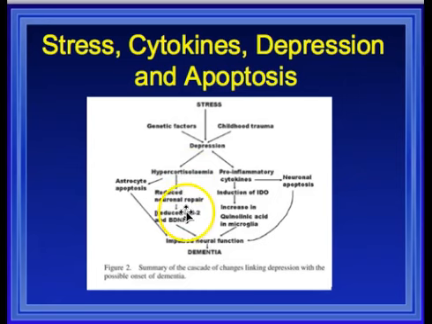Hypercortisolemia leads to reduced neuronal repair via reduced brain-derived neurotrophic factor, and you can get shrinking of the hippocampus, which can actually lead to dementia. There is actually a relationship between midlife onset of depression and dementia. On this side, we see the pro-inflammatory cytokines, the induction of IDO, and the increase in quinolinic acid in the microglia, leading again to apoptosis of neurons.